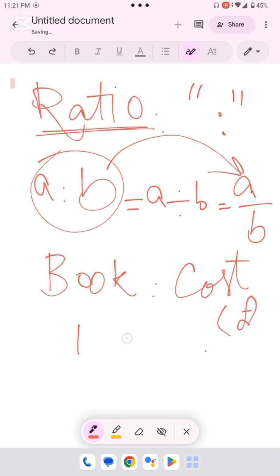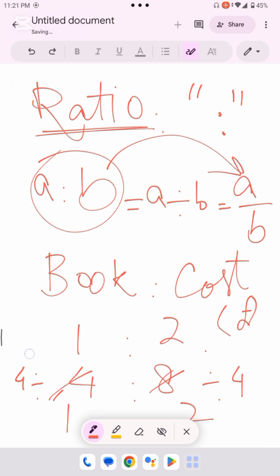One book has a cost of £2, four books have a cost of £8, and whenever you simplify, you will get the same number. Like 4 one time is 4, and 4 two times is 8, so we divide by 4.